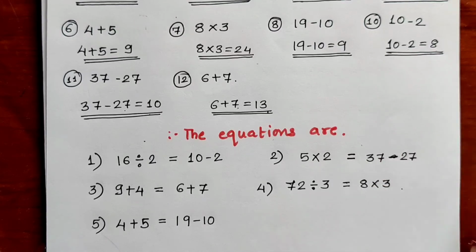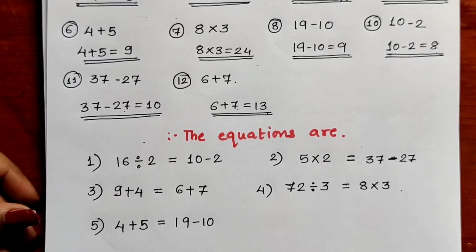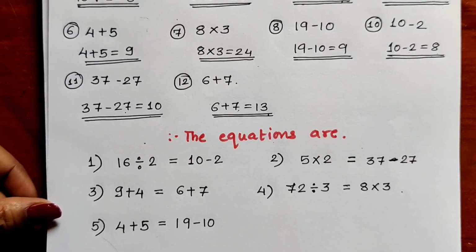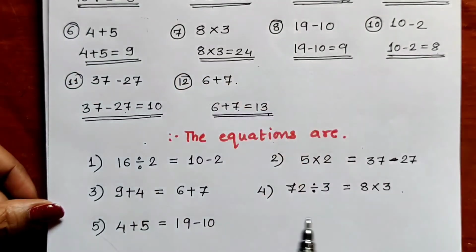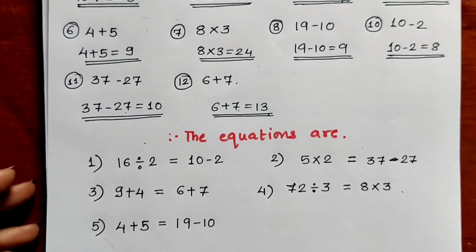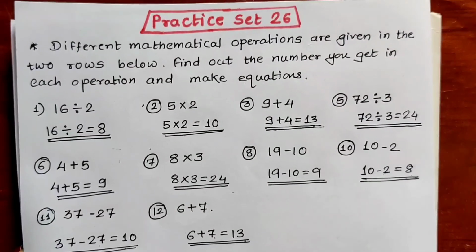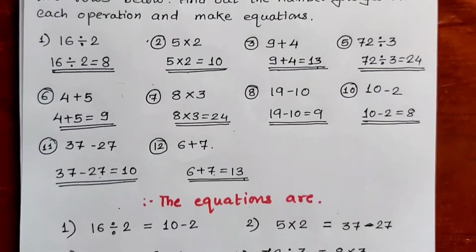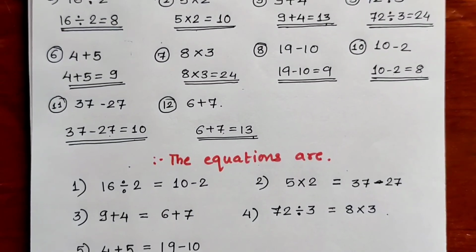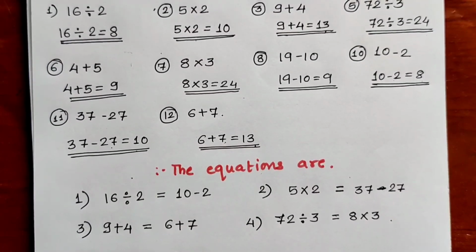Yes. Here we have written 6 plus 7, 9 plus 4. So in this way you have to find out the answers and write the equations. So we have completed the question from practice set 26. Okay. So solve this question in your notebook.